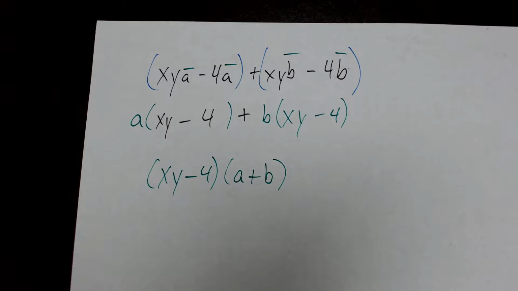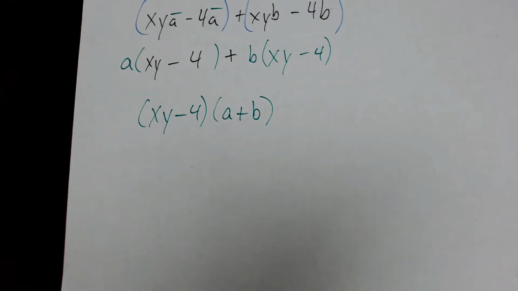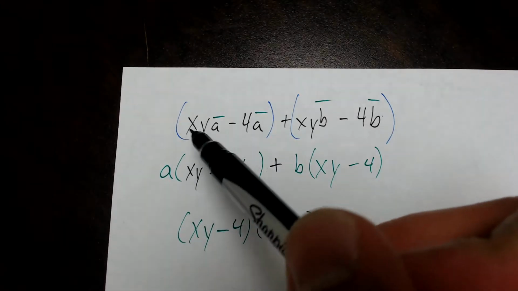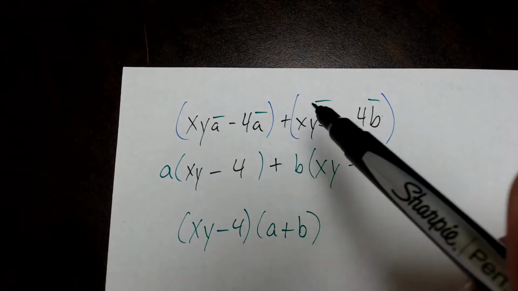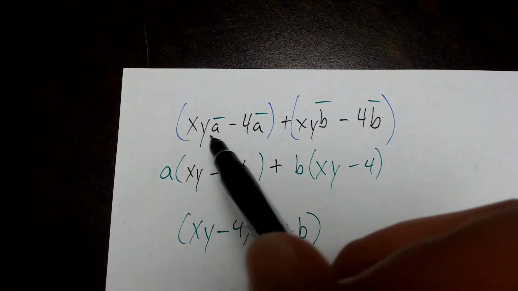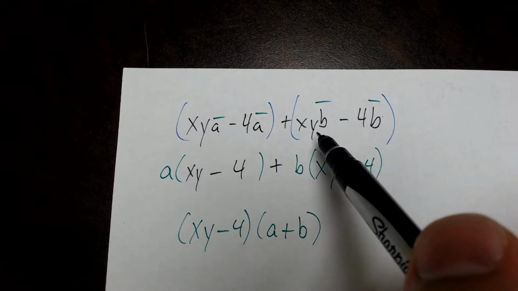We'll do another example so we can get the full effect of this. Let's see if I can find a tough one that's scattered and out of order. Oh, and for this problem, some of you may be asking, what if I went with the xy's and the 4's first? You could have done that. If you're going to group terms that are not adjacent, you would have to rewrite the problem.